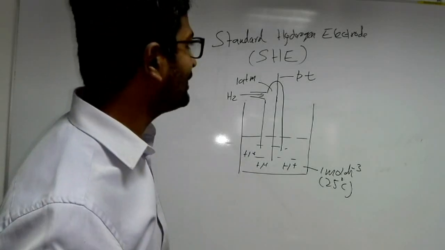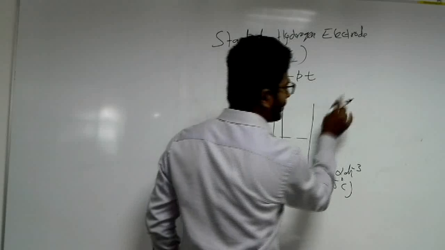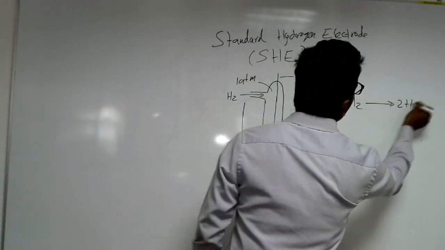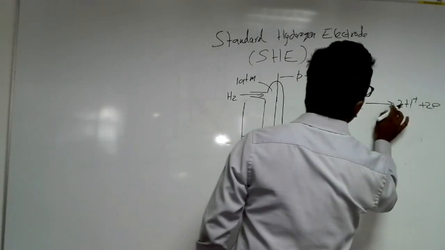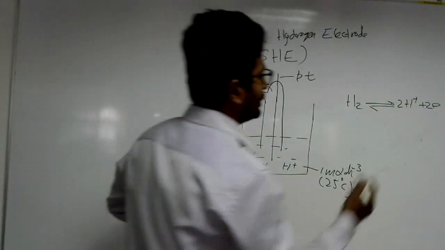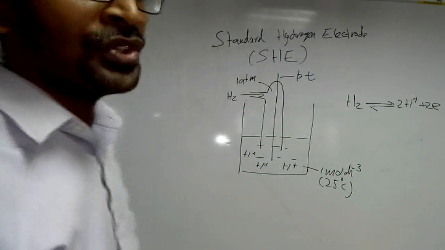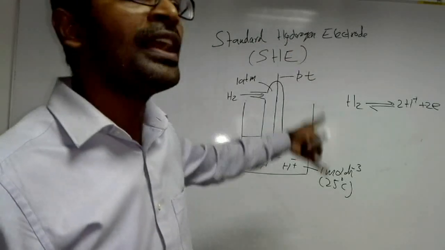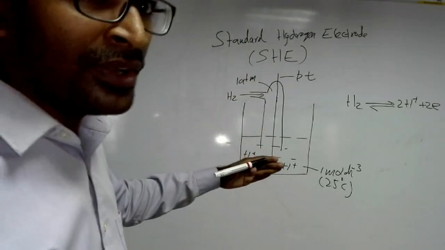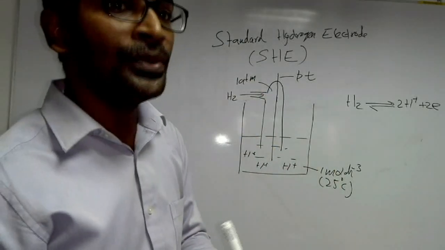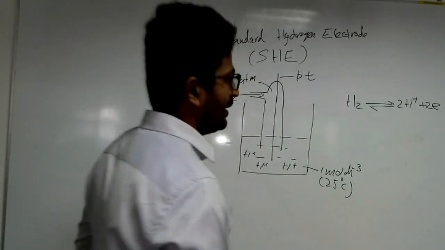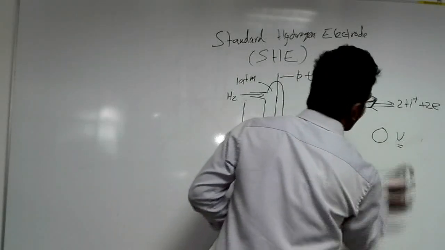In this system, this equilibrium takes place: hydrogen gas converts into H plus, with oxidation and reduction reactions happening simultaneously. As a reference, we take the electrode potential of the standard hydrogen electrode as 0 volt.